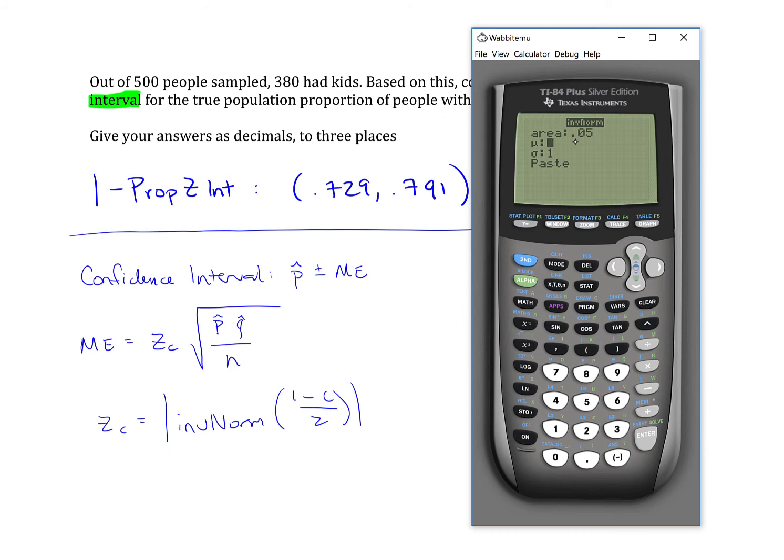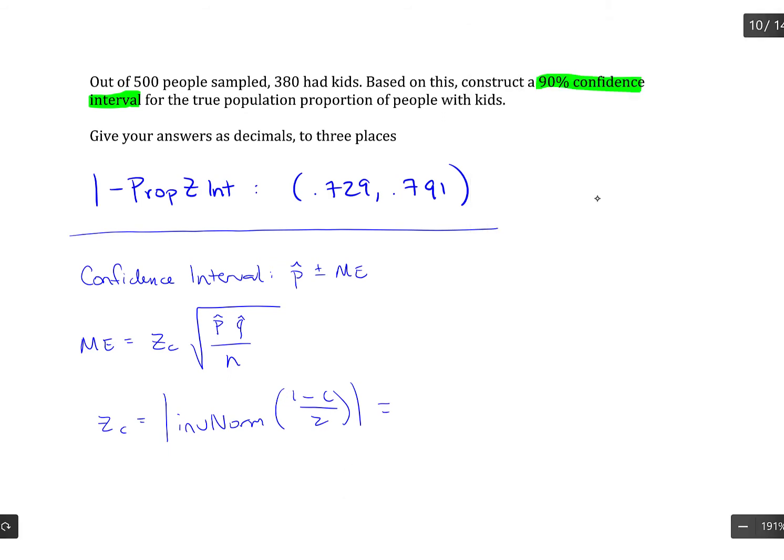The mean and standard deviation I'll leave as 0 and 1 since I'm on a standard normal distribution. If you didn't see this menu show up, that's okay. Just type in 0.05 and press enter. Either way, you should get an answer of 1.645, because it's an absolute value.